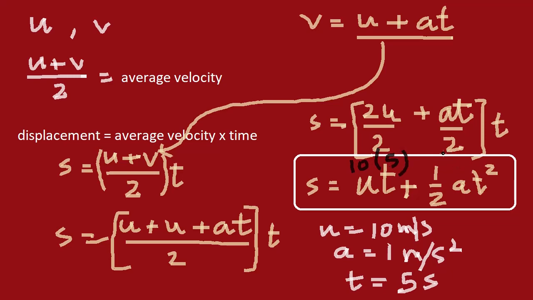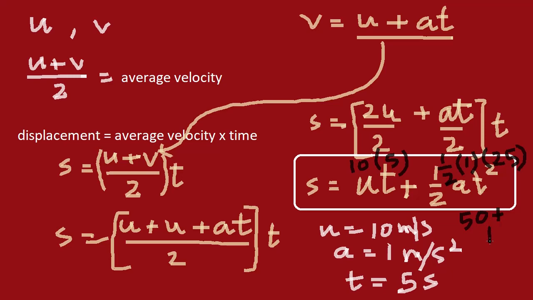Here we have half, and in place of a we have 1, and t is again 5, so t squared is 5 into 5, that is 25. Let us calculate it. 10 times 5 is 50, and this is 25 by 2, that is 12.5.